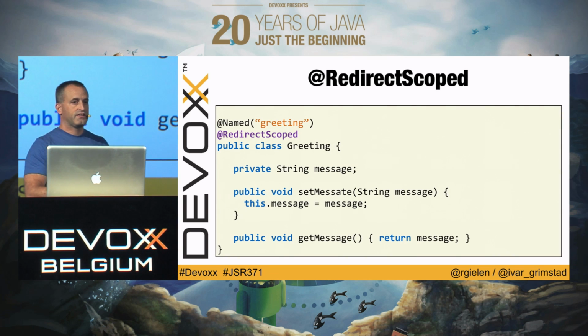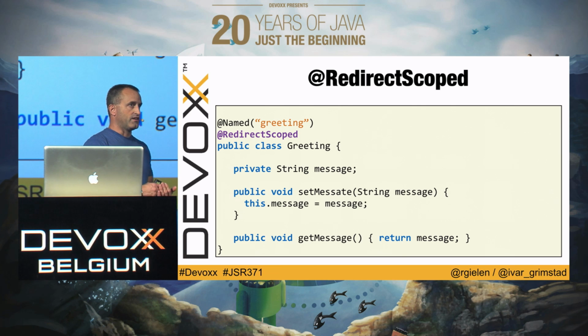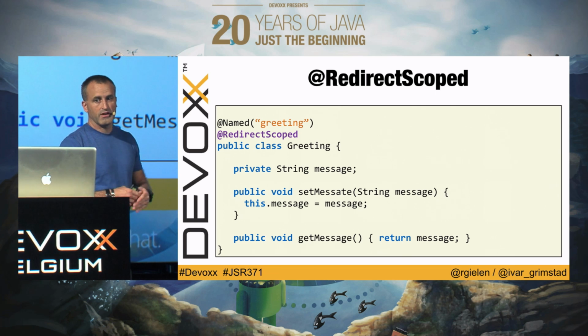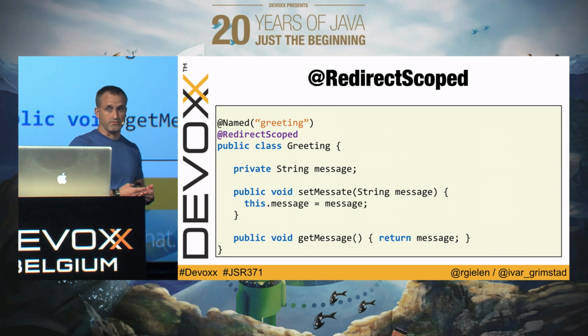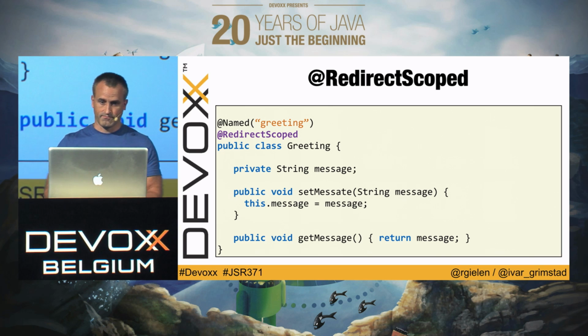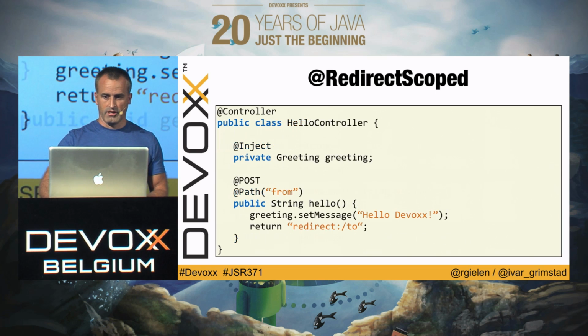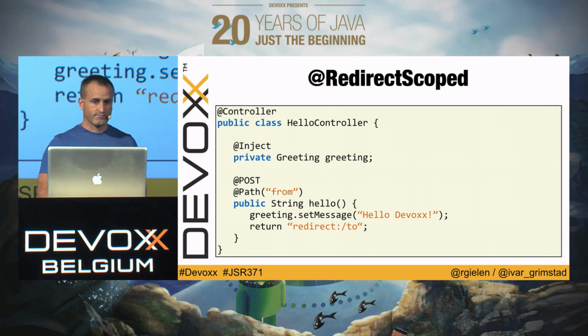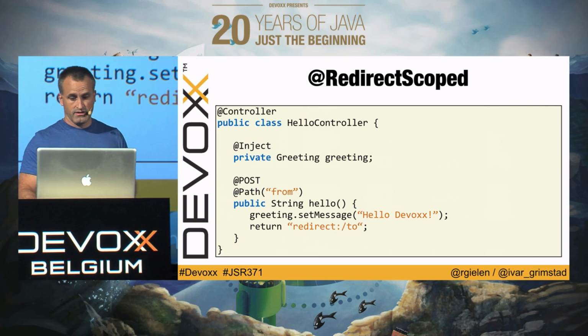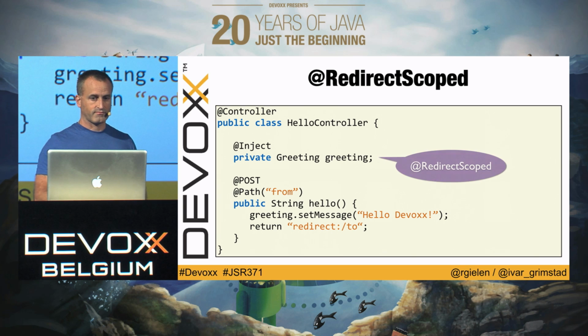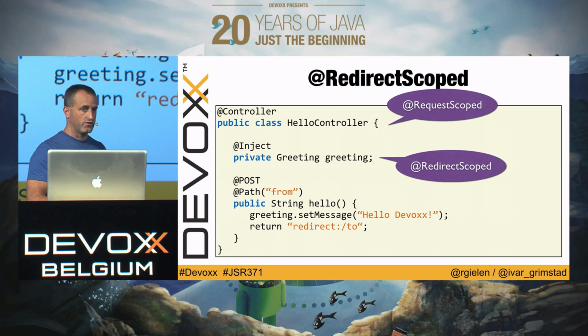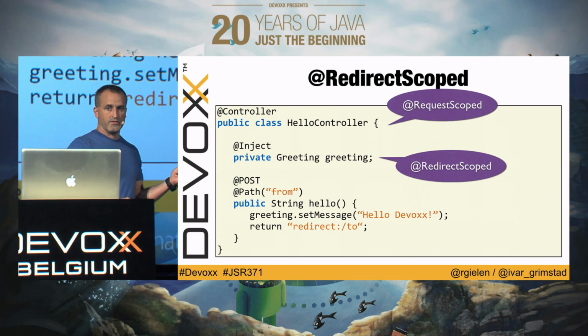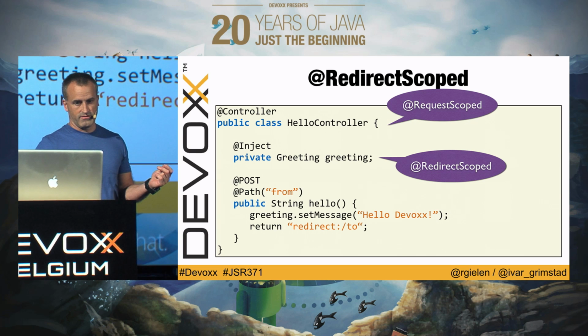So if you have the greeting bean that we looked at earlier, only now it's redirect scope and not request scope. That's the only difference. Then in my controller, I inject it as usual using CDI. Note here that the controller is still request scoped, but the bean is redirect scoped.